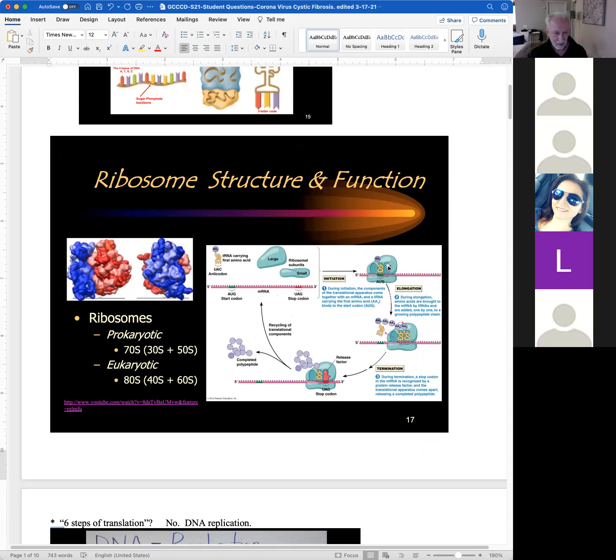The two subunits of the ribosomal RNA contact the mRNA. The mRNA is sandwiched in between them, and then it moves from codon to codon down the chain. And as it goes, for every codon, it calls for another tRNA, depending on what that codon is.